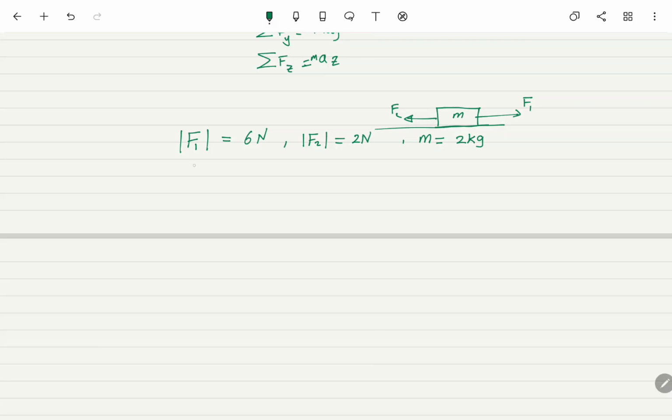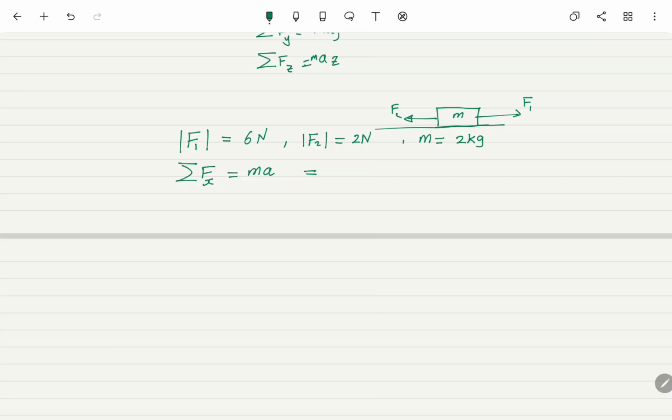The sum of all forces, or the net force, in this case has no y or z components, just the x-axis. The sum of all forces on x equals ma, with no need to say ax. So the net force equals ma.